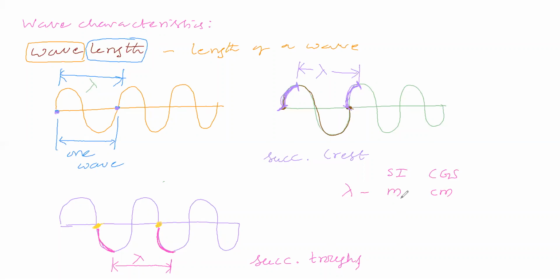What are the other units of wavelength? That we will see. One is a nanometer, one is angstrom, one is a picometer. 1 nanometer is equal to 10 to the power of minus 9 meter. 1 angstrom is equal to 10 to the power of minus 10 meter. 1 picometer is equal to 10 to the power of minus 12 meter.